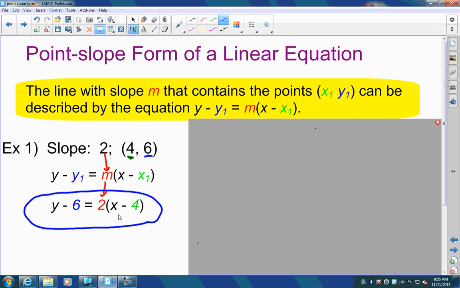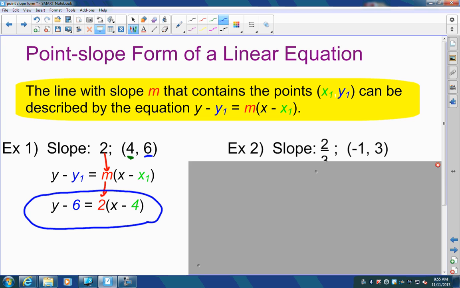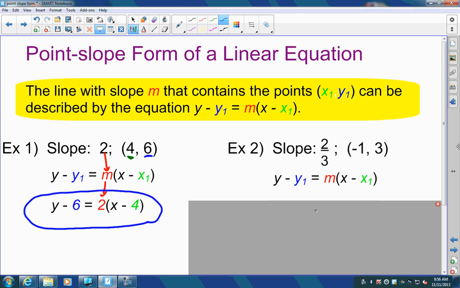So on your papers, you guys should have this written down for number 1. Number 2 gives you the example of a slope of 2/3 and a point of (-1, 3). So I'm going to take and put this into my formula. And by doing that, 2/3 goes in here where m is. We're going to look and see, here's my x.